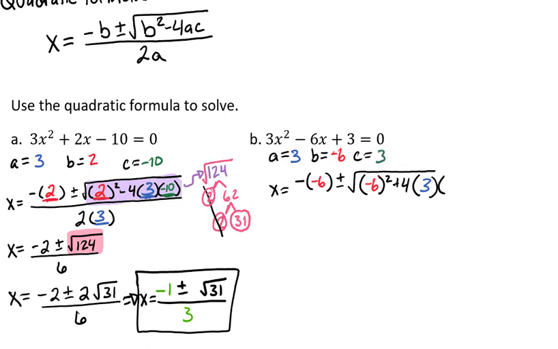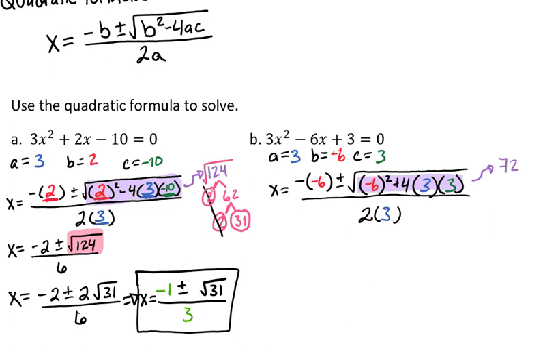Times the c of 3, all over 2 times a. Then we want to take this inside piece and plug that into the calculator. In the calculator, we're going to type in negative 6 squared plus 4 times 3 times 3. And we should get a value of 72.